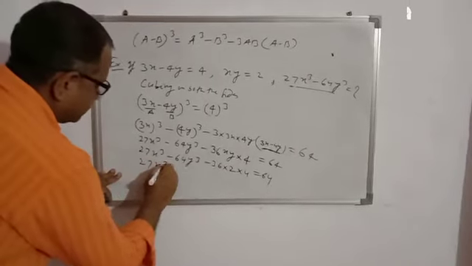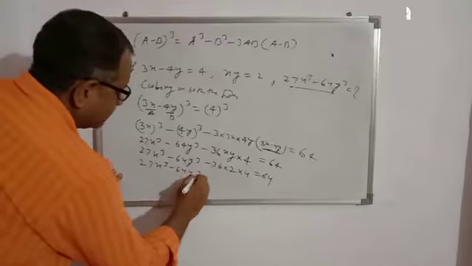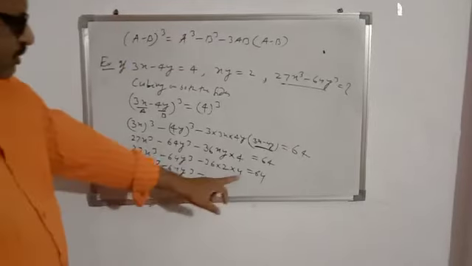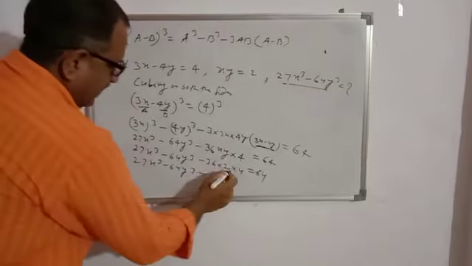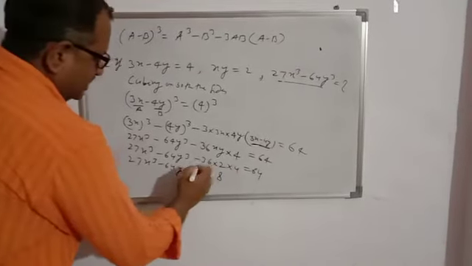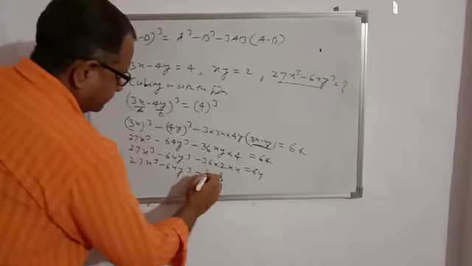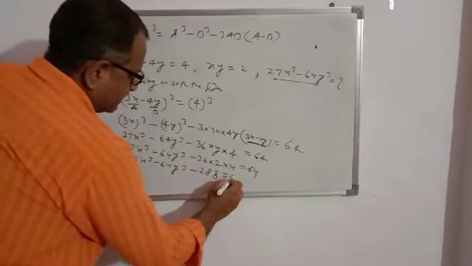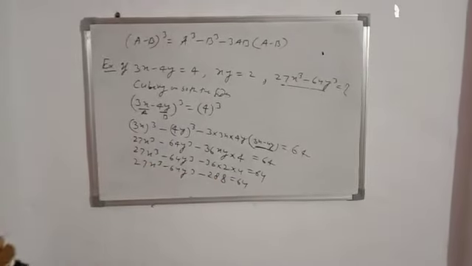Multiply it. 4 into 2, 8, 8 into 6, 48, 8 into 3, 24 and 4, 288 is equal to 64.